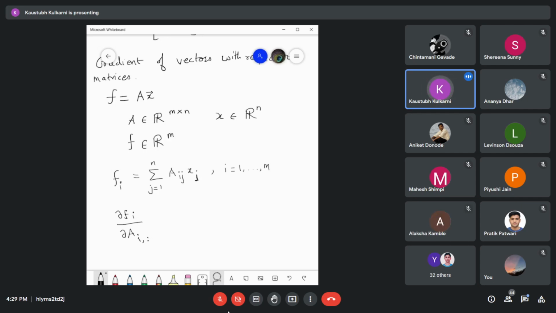Basically it means the ith row. So dou fi by dou ai colon, which means the partial derivative of fi with respect to the ith row of A, is the same as x transpose.